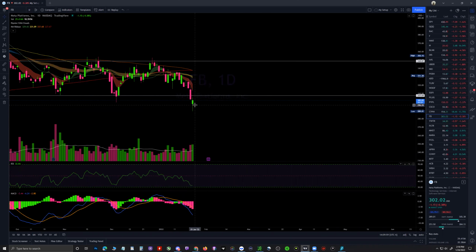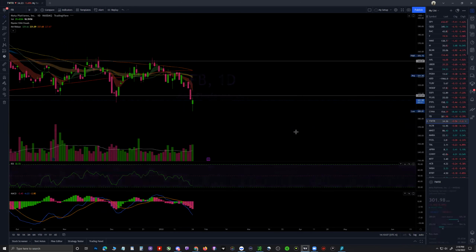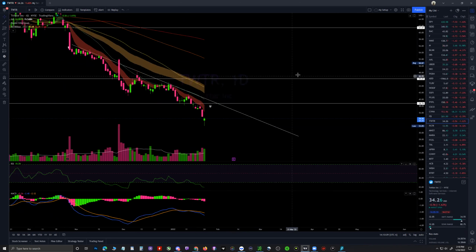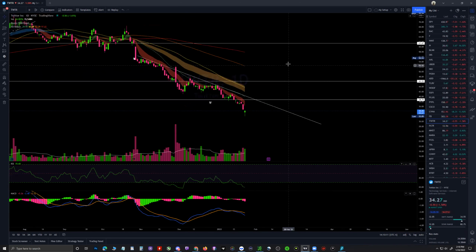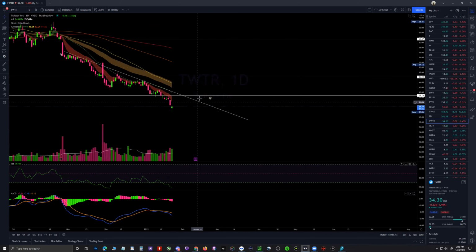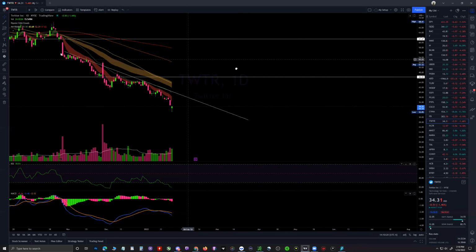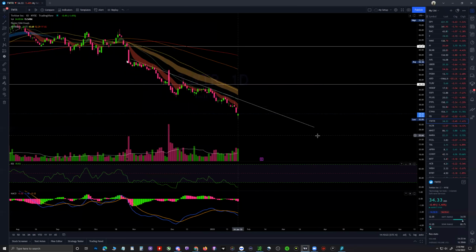Like we could very well see this just push right back down again tomorrow. So that's the only thing that concerns me, that could be what we're seeing. Twitter. Get rid of this line here. So it's either a dead cat bounce or it's a reversal.